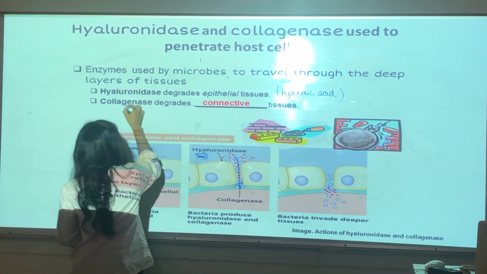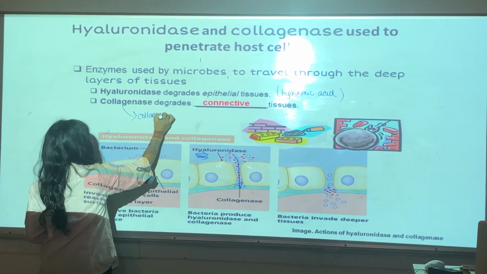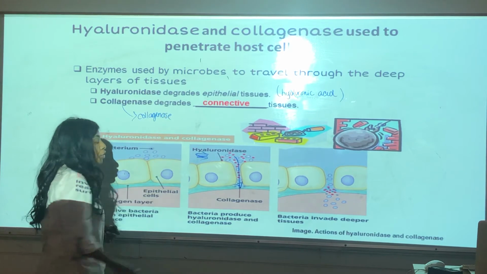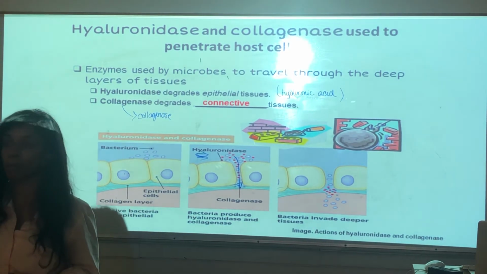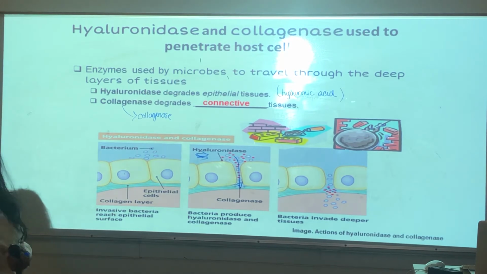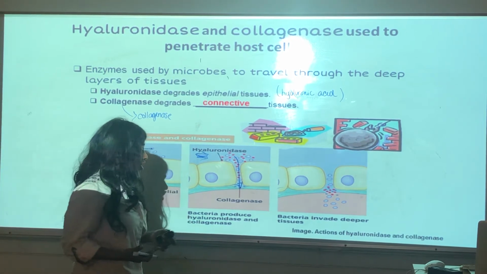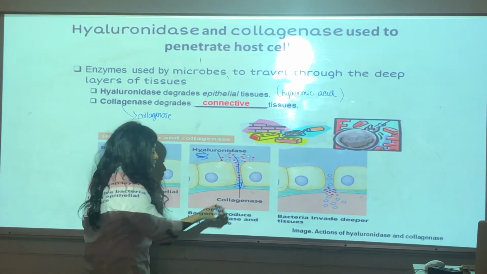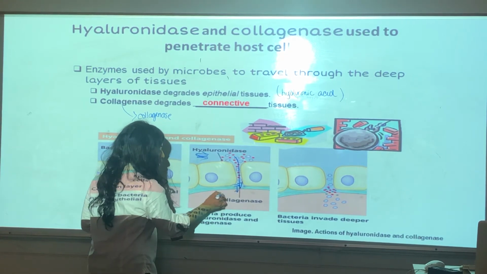So collagen, which is in the connective tissues, allows them to get further into the layers of the skin or the mucous membrane. And then at that point, the organism is in an environment where they have access to greater nutrients and water, all right? So the collagenase allows them to get past the collagen, and now they're inside.